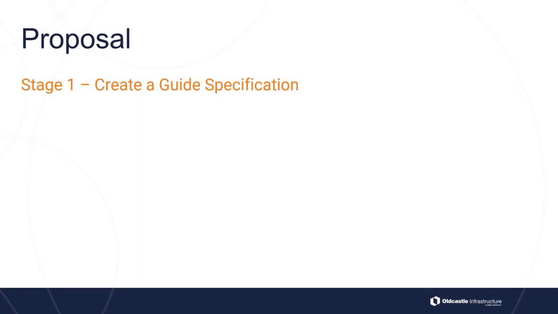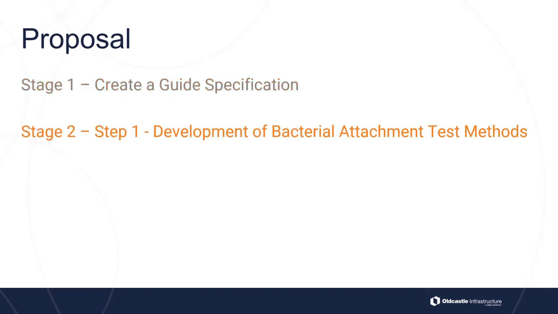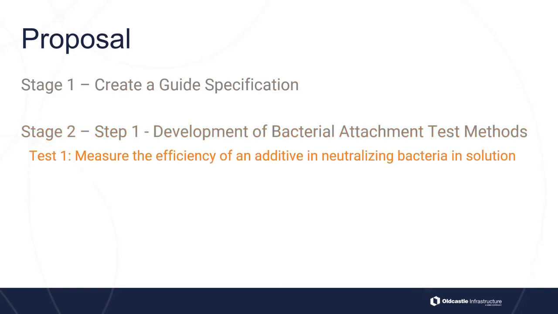And the test methods could be used to compare resistance of different types of concrete to microbiologically induced corrosion and resemble what is done for internal curing, which is discussed in ASTM C1761. So stage 2 was they would develop these tests. Test 1 was to measure the efficiency of an additive in neutralizing the bacteria in the solution.